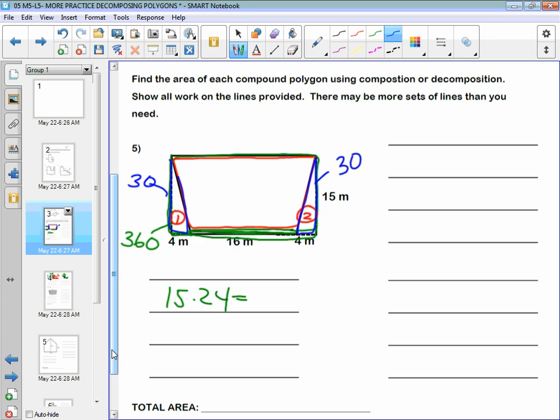And if you do that, you wind up with 300. 360 minus 30 is 300. Pat? Because I don't want the whole rectangle. I want this piece, again, I'll outline it in red. I just want this piece right here. That's my whole piece that I'm trying to find out. So I did the whole rectangle and then subtracted these 2 pieces out.